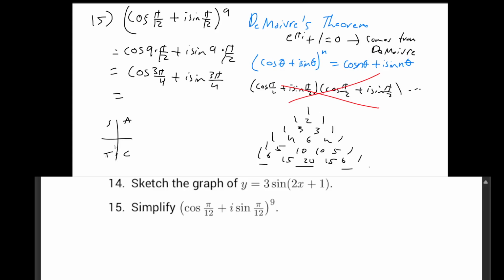I told you guys earlier what this stands for, why I write it: All Students Take Calculus. But 3 pi over 4 is in this quadrant right here, quadrant 2. And cosine is negative there, so it'll be negative square root of 2 over 2 plus i, and then sine is positive here, i square root of 2 over 2. And then that should be the correct answer to that problem.